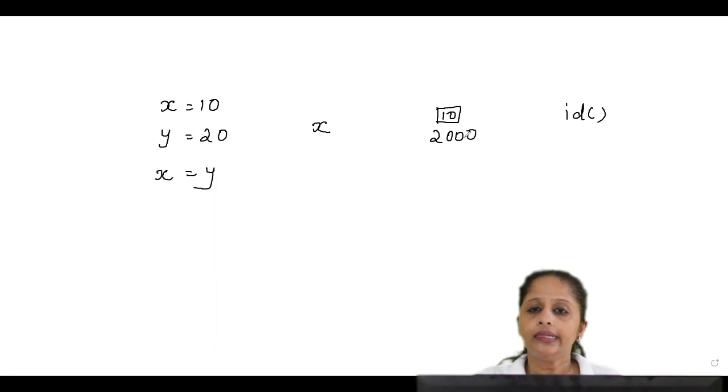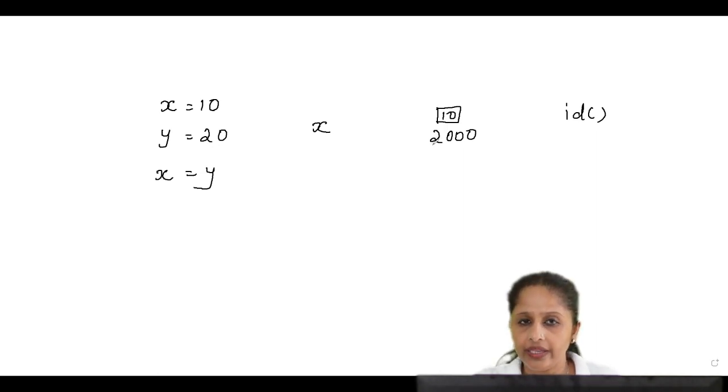So here, when we assign 10 to x, so that time an object is created at the location 2000 and that is referenced by the variable x. So here it is pointing to here. That is, x is pointing to the location 2000 where the value 10 is stored.